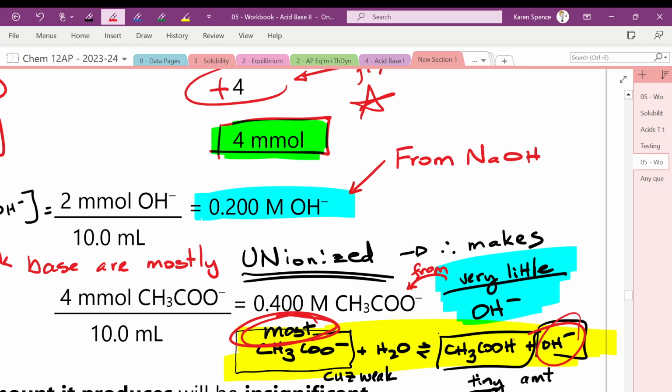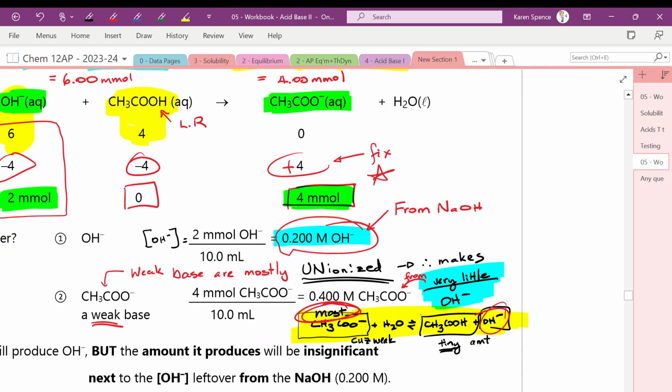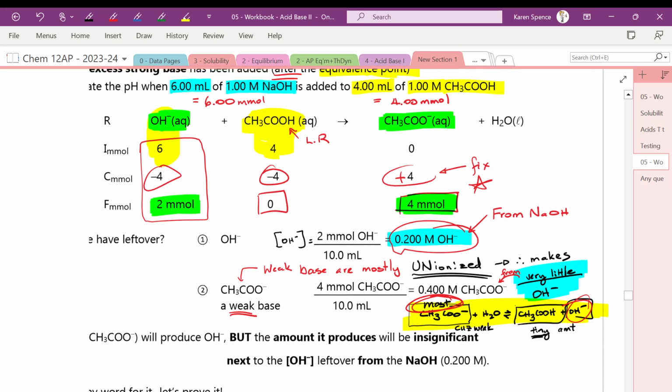Not a lot. So that's the point: we got lots of OH from the NaOH, but we get very little from the dissociation, ionization, whatever you want to call it, of the weak base. Yes? Like that?